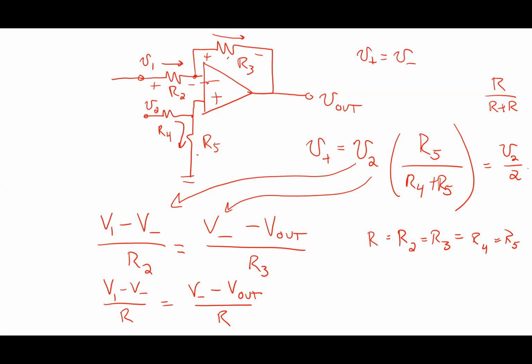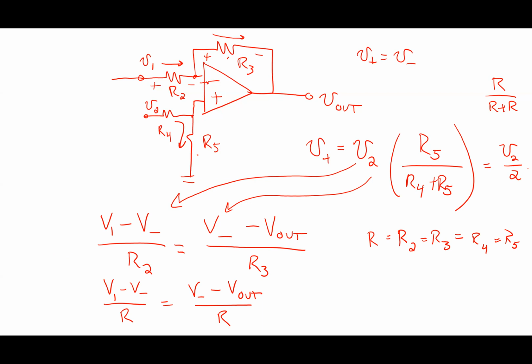If R4 and R5 are in series with each other, and each one is the same value, I should have half the voltage appearing across each one. Think about KVL: a voltage source of 1 volt across a series combination of equal resistors gives half a volt across each one. All right, so V2 over 2.